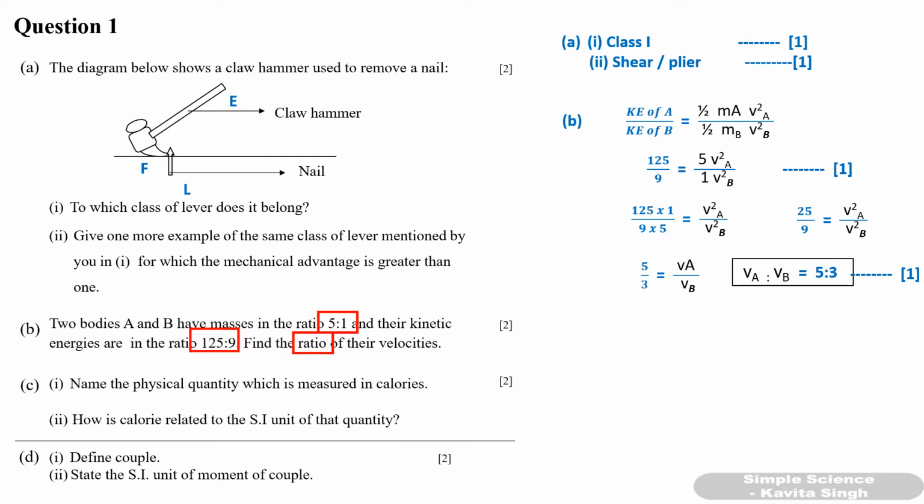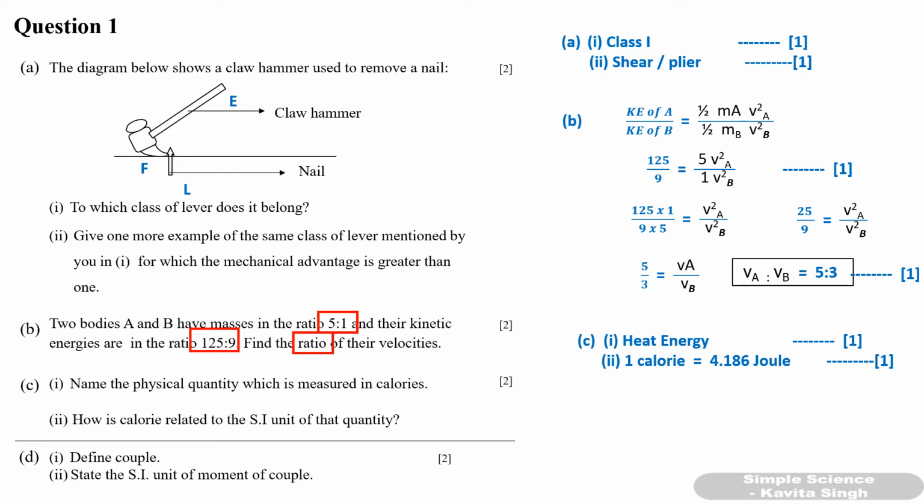Okay. C part. Question 1C. Name the physical quantity which is measured in calories and how is calories related to SI unit of that physical quantity. So calorie measures which physical quantity? It measures heat energy. Don't just write energy, because energy has other units also.